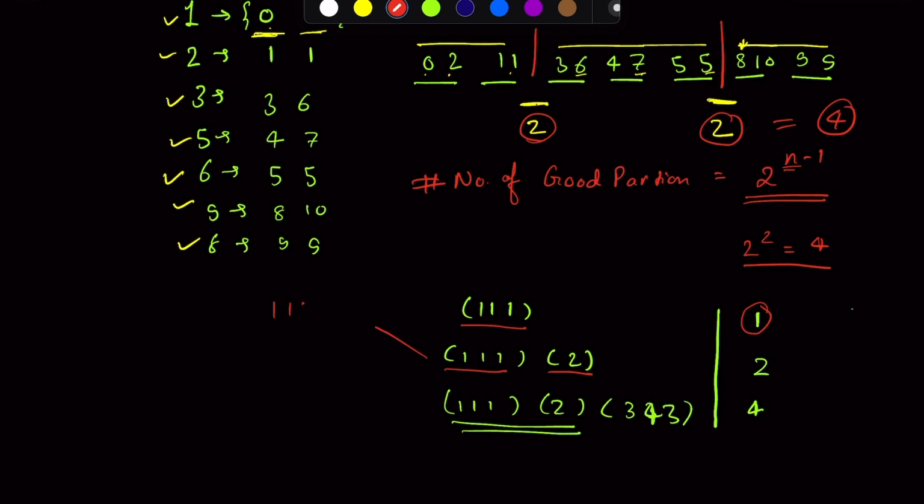One is if you include 1 1 1 and 2, and the other is when you include all in one. So two choices. Now if you add another interval, after every interval there are two choices, either to add it in the existing one or to not add it. That's how we get a factor of 2 everywhere.